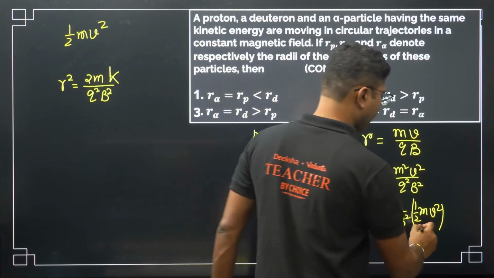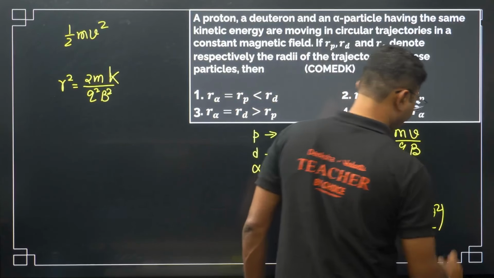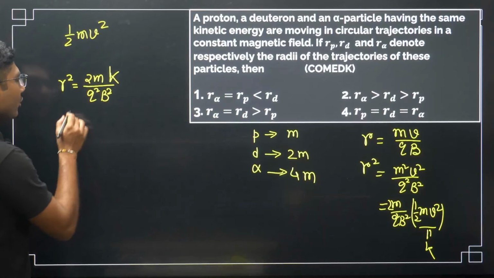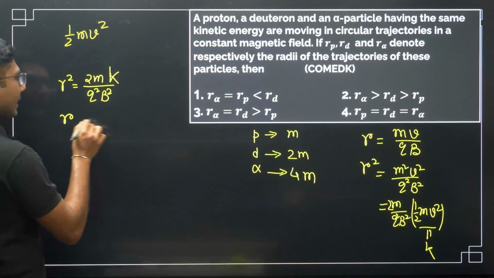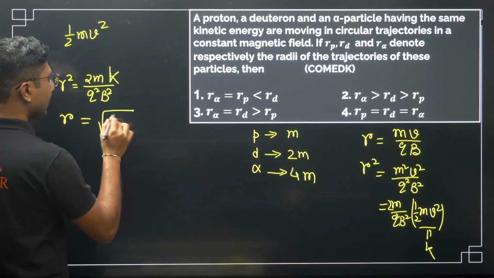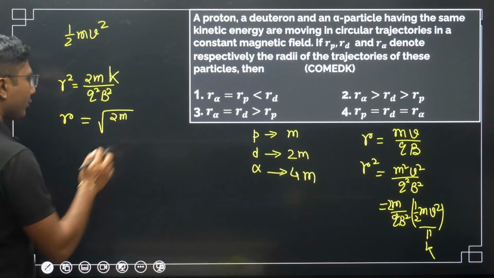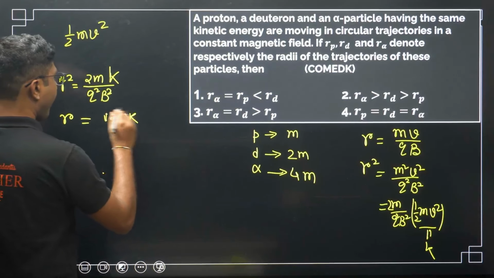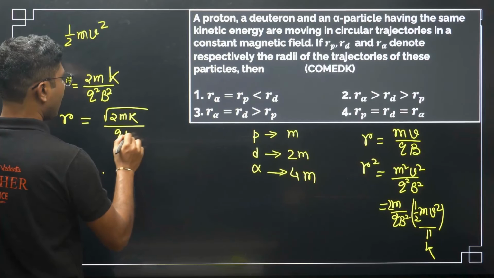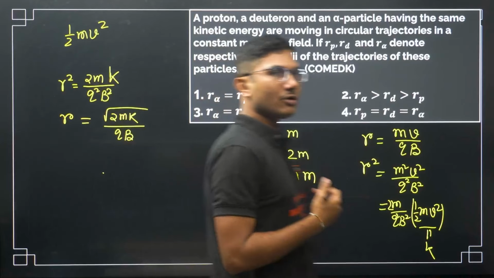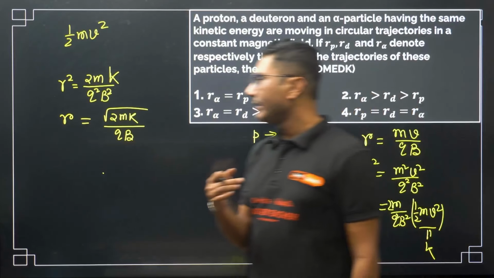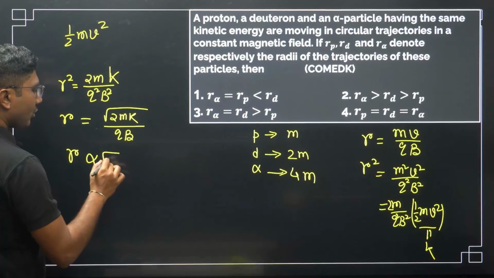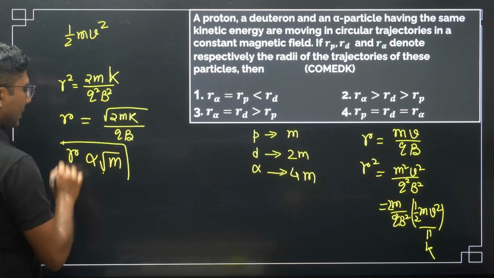This is called kinetic energy K. Now we take the square root of the entire thing and we see that r is equal to square root of 2m K divided by qB. So if kinetic energy is constant, radius is proportional to the square root of mass.